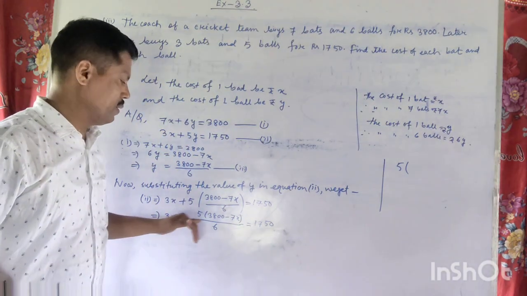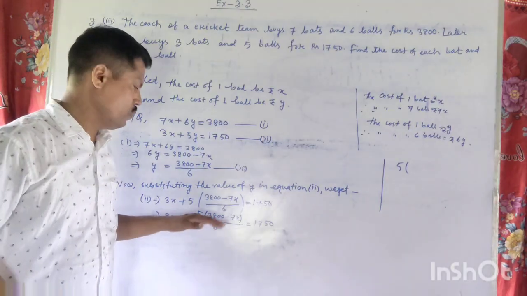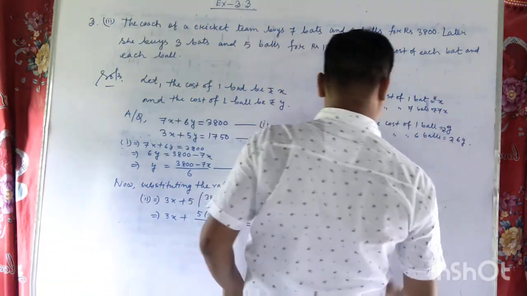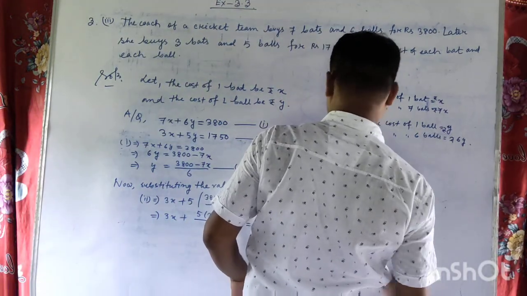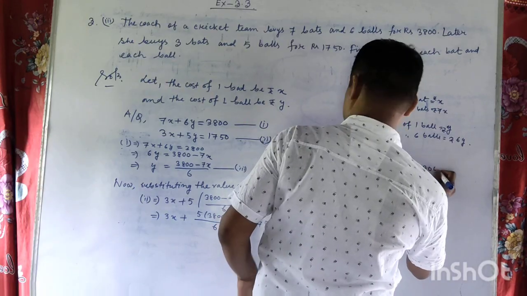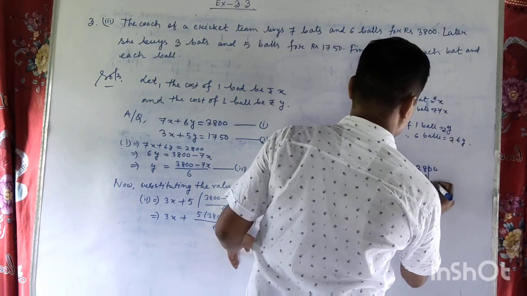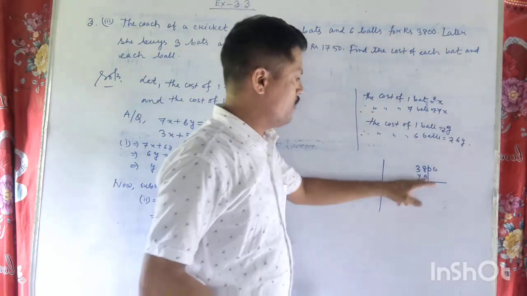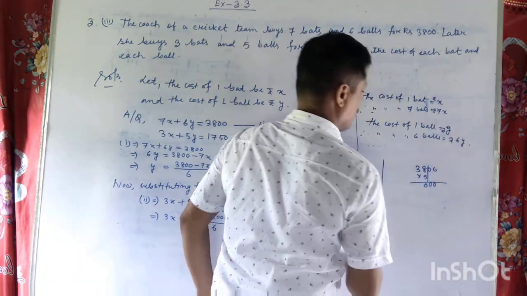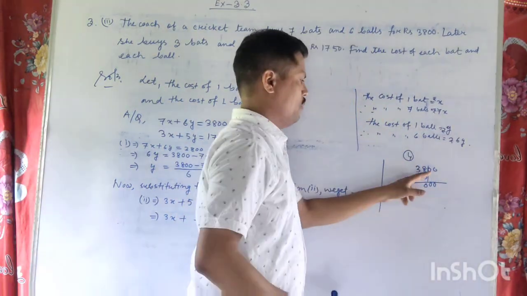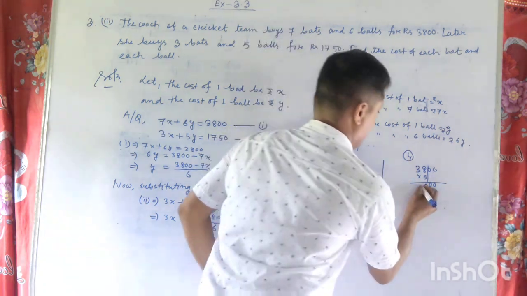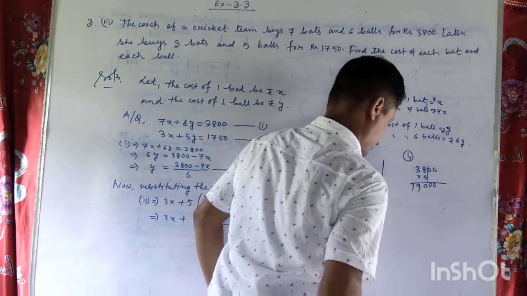So 3800 into 5, they are having 2 zeros more. 8 fives are 40, 0, 4 in hand. 3 fives are 15 and 4 is 19. So 19,000.